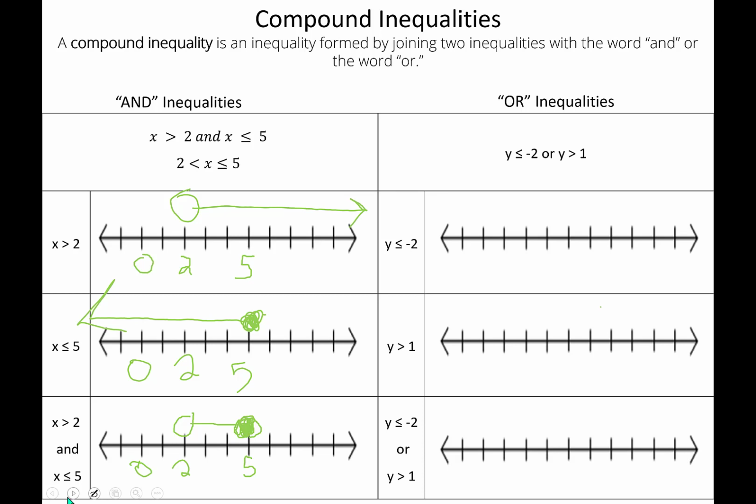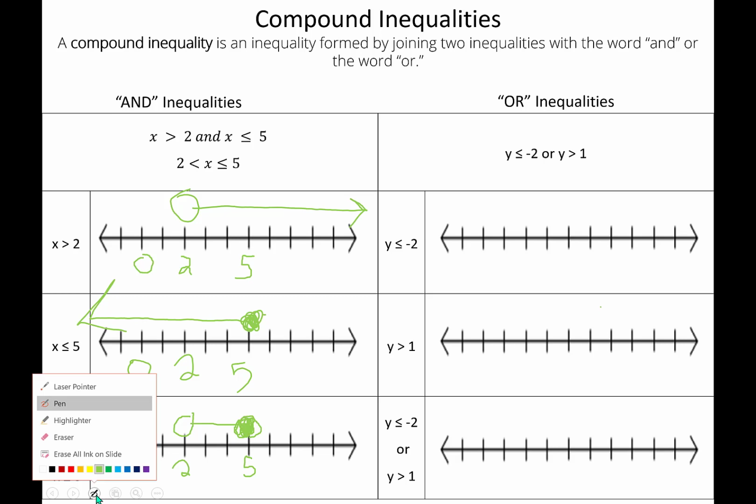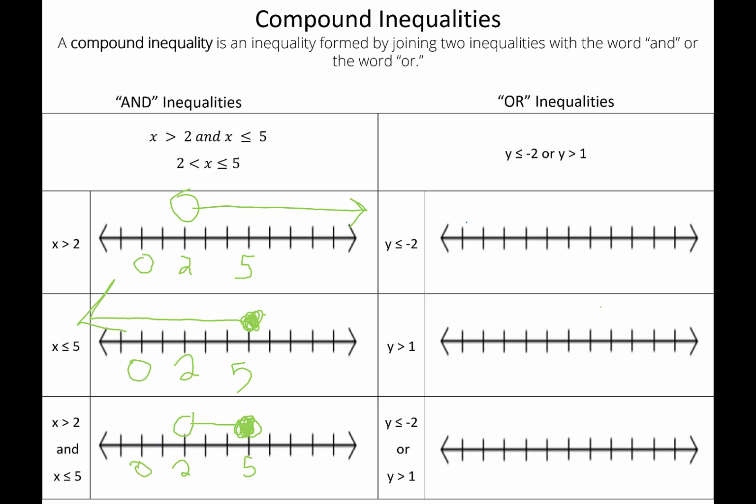And for "or", I've got y less than or equal to -2, or y is greater than 1. So let's look at y less than or equal to -2. What would that graph look like?